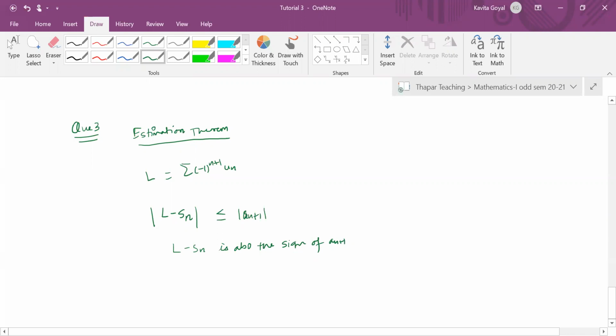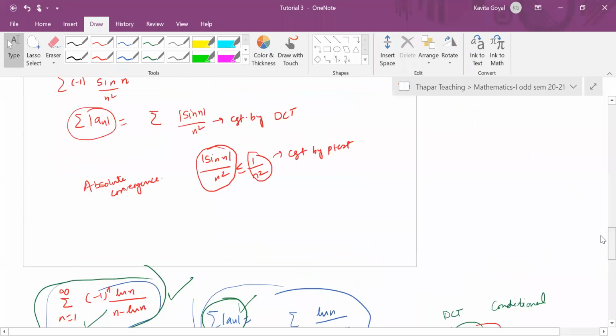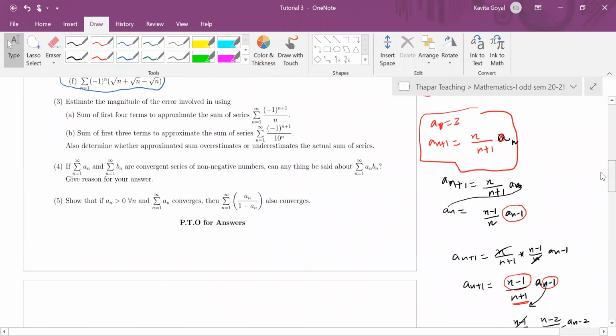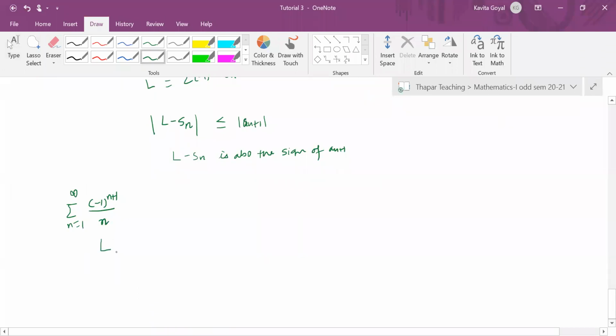Now you see the first question: you have this series, n from 1 to infinity, minus 1 raised to power n plus 1 upon n, and you are taking the first 4 terms. So if the original sum is L, you are approximating with the first 4 terms, which are 1 upon 1 minus 1 by 2 plus 1 by 3 minus 1 by 4.